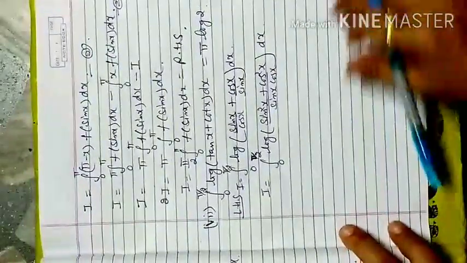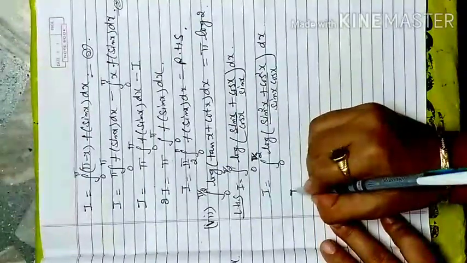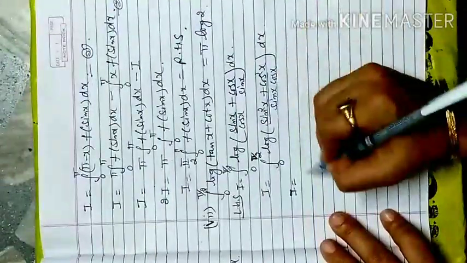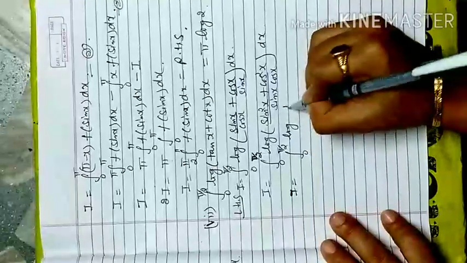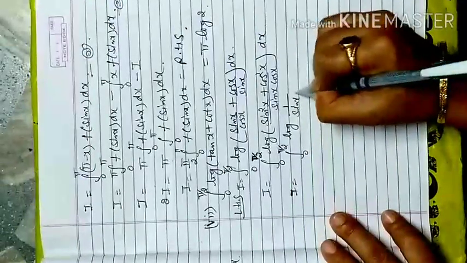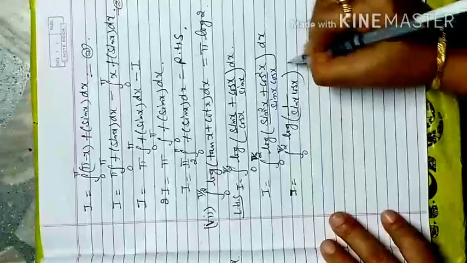So I just apply the identity formula, which is 1. So integral 0 to pi by 2 log of 1 upon sin x cos x dx.